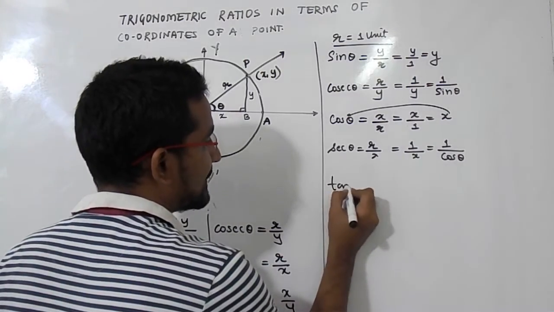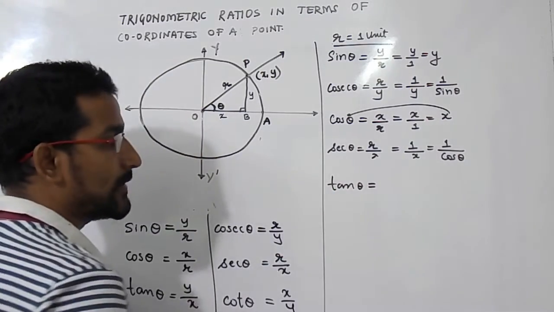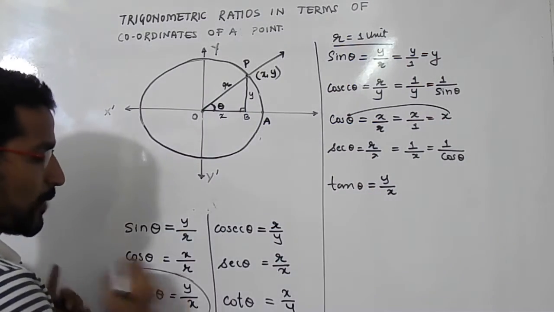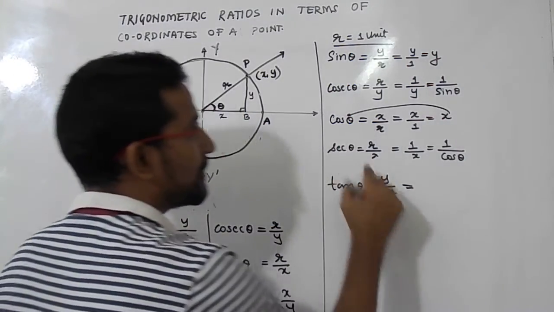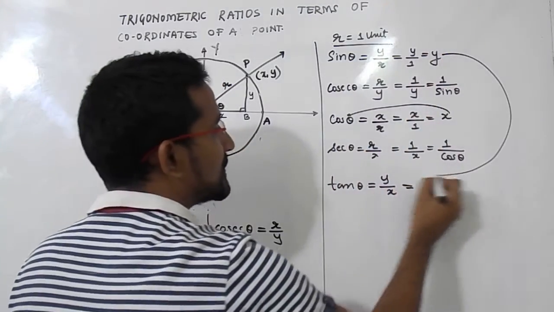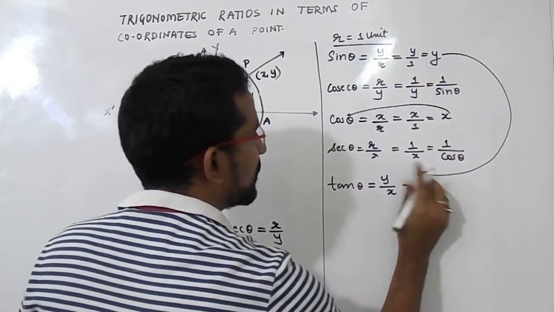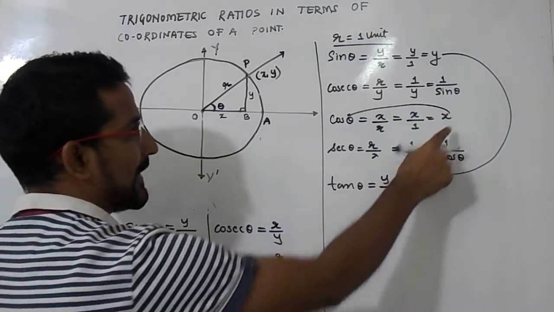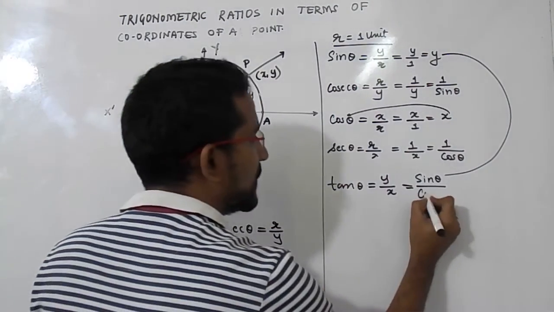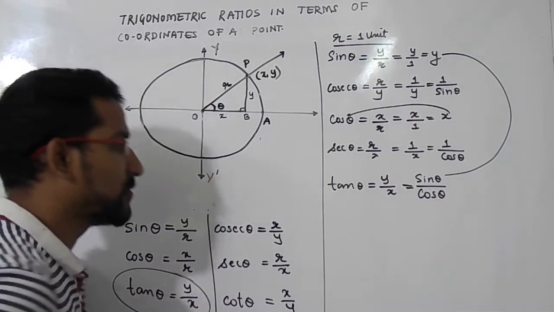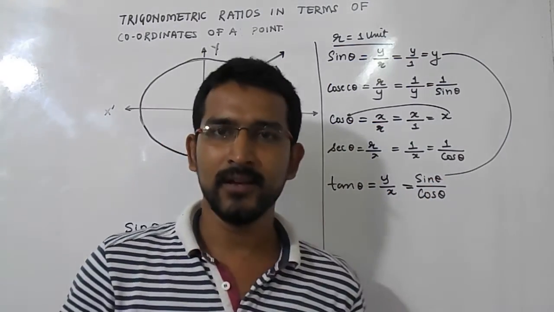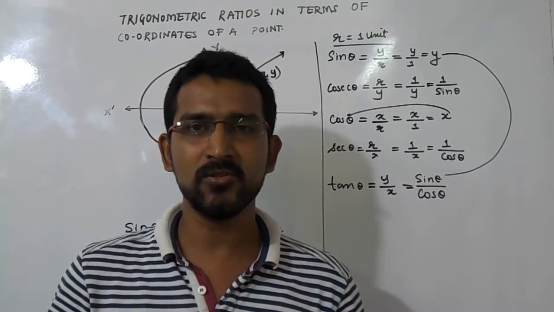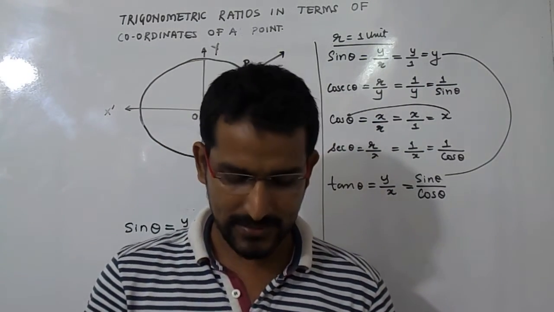Now tan theta is y by x. Y is nothing but sin theta and x is nothing but cos theta. So we got tan theta equals sin theta upon cos theta. Similarly we can get cot theta equals cos theta upon sin theta.